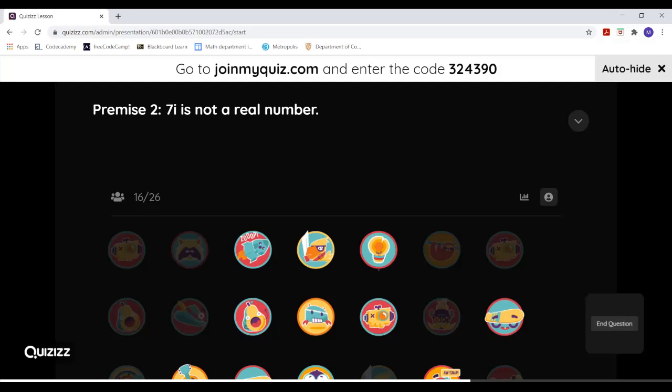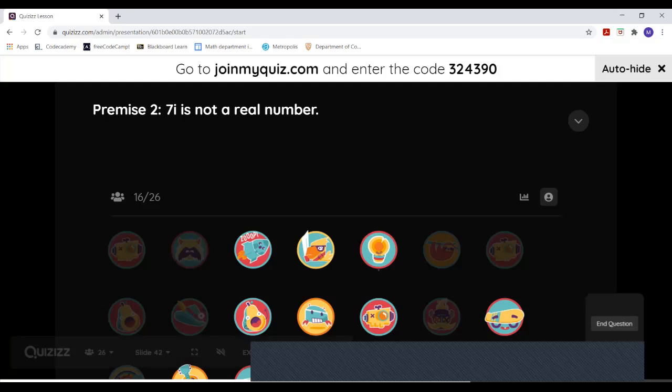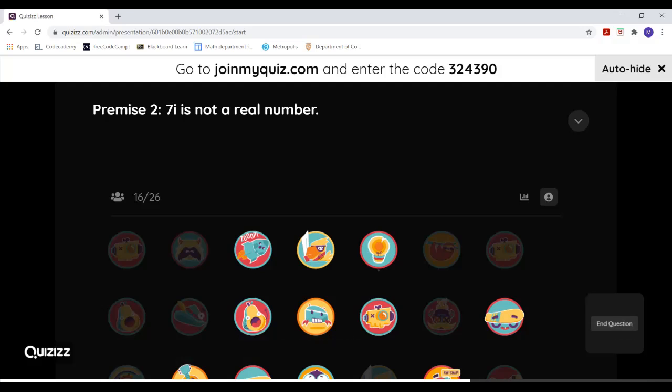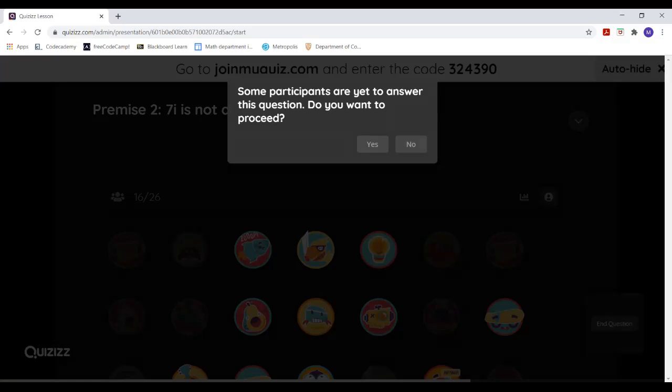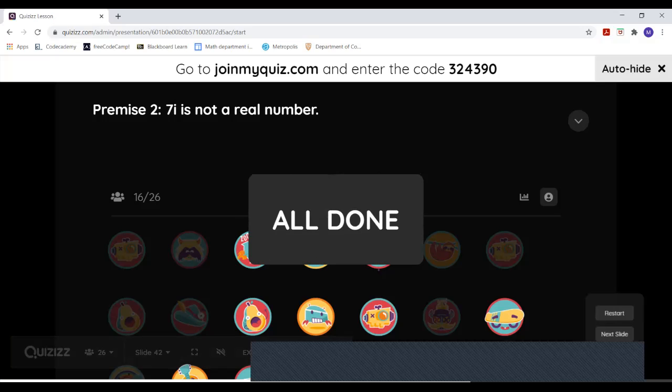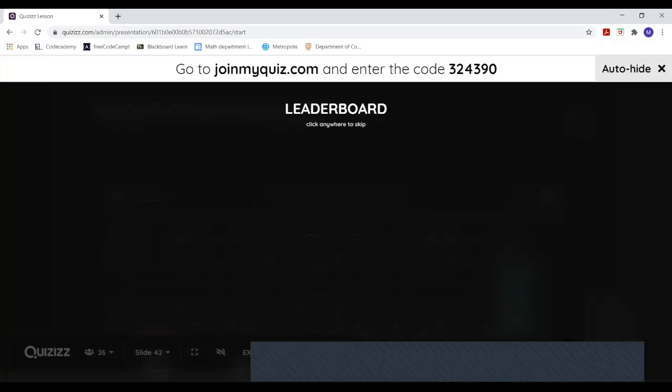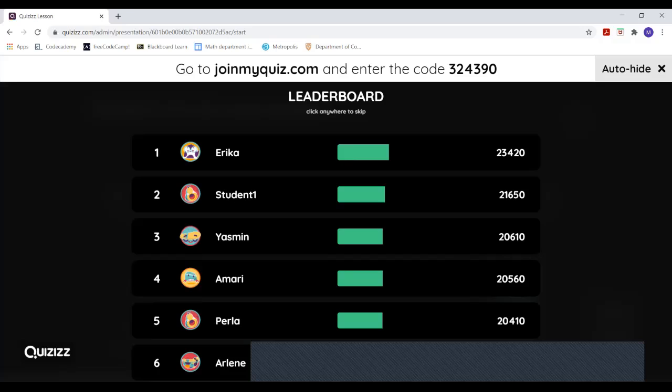All right, so we're saying 7i is not a real number. What is that picture going to look like?